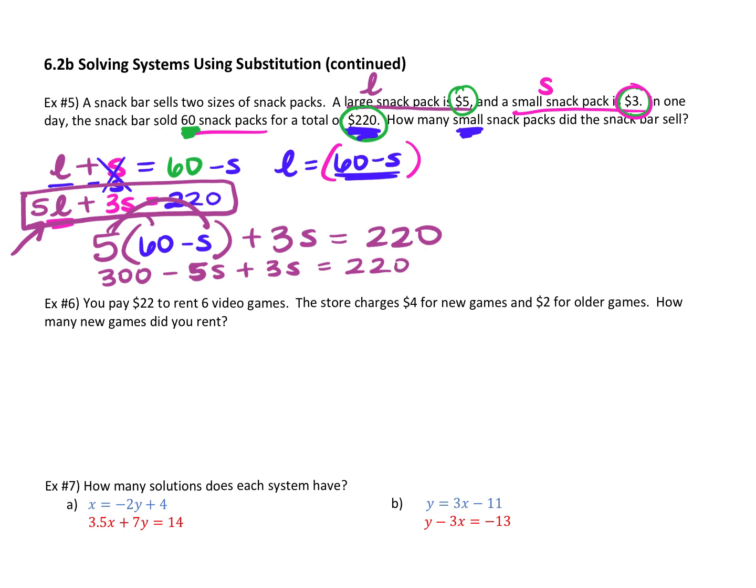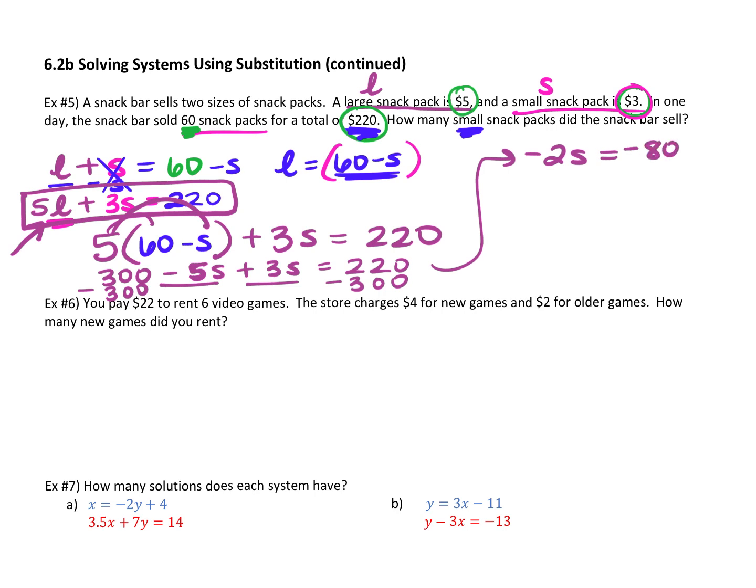Okay, so now let's simplify a little bit. Negative 5S plus 3S: negative 5 plus 3 is a negative 2S. And then we're going to move this 300 over to the other side. So you're going to go 220 minus 300, and you get a negative 80.